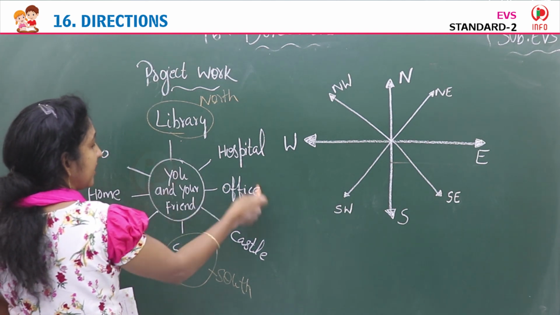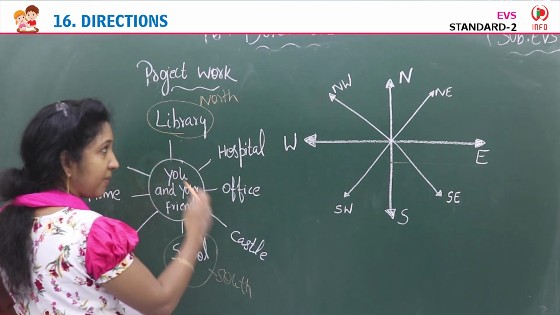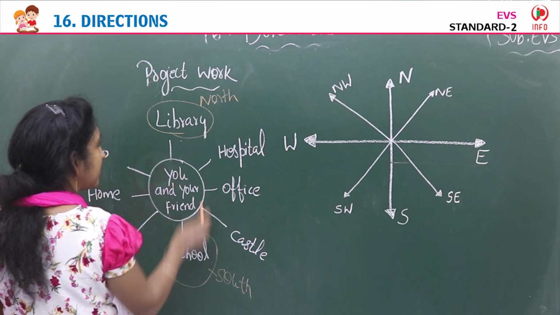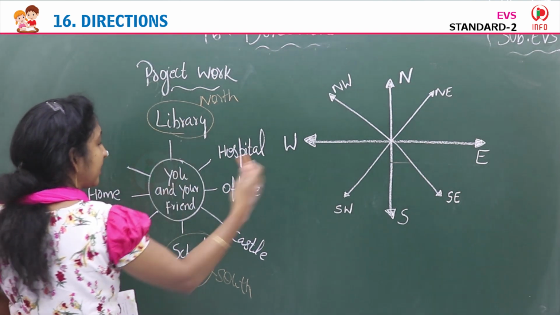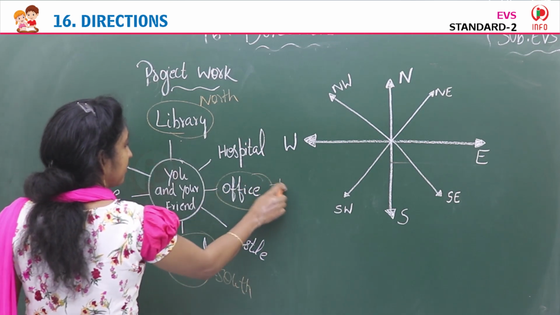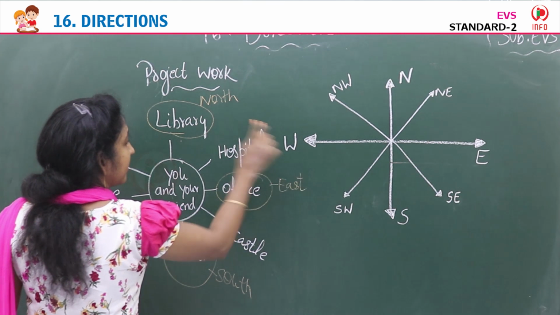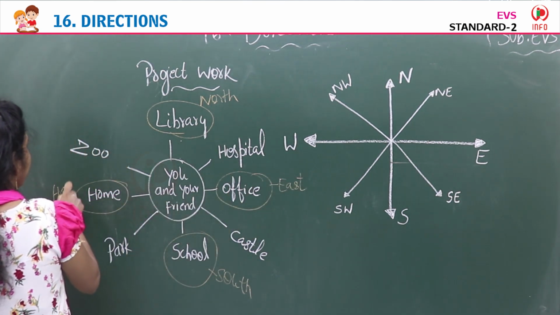Now see east and west. On the east side you can see the office and on your west side you can see your home.